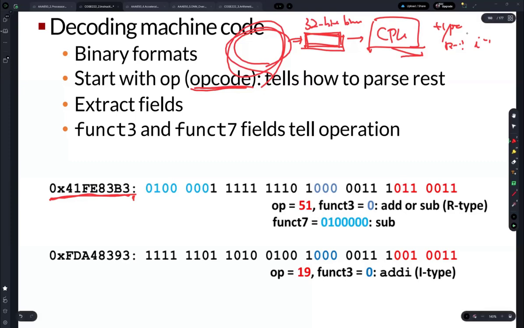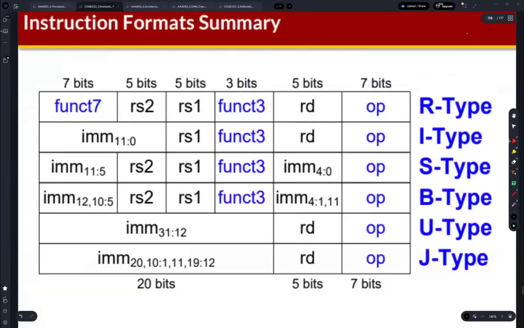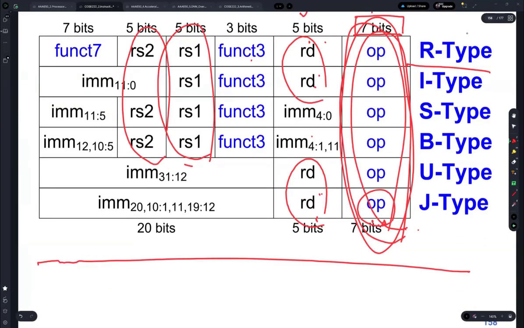So this data is given to the CPU. This is just binary data, and this is the hexadecimal number. So we can write the binary data like this.